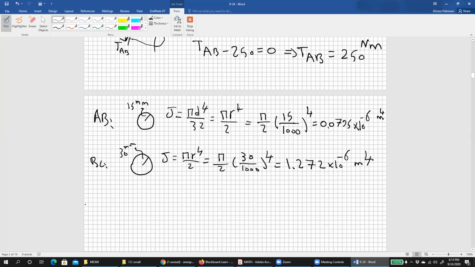And for the segment CD, we have hollow sections, right?